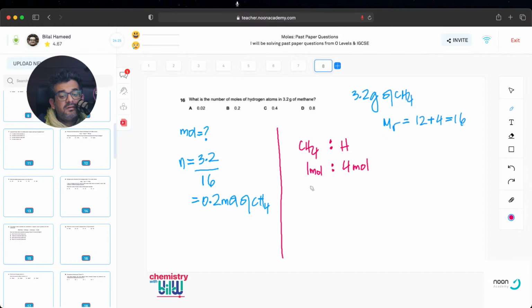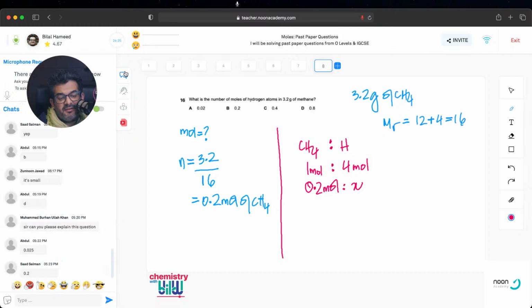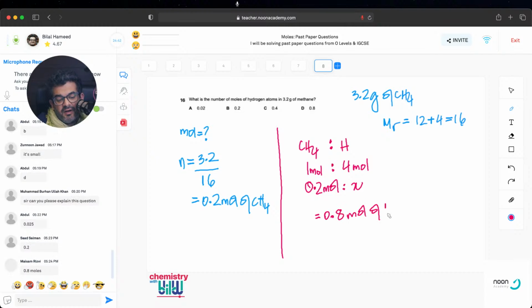Now 0.2 moles will have how many hydrogen atoms? That's what they're looking at. If one has 4, 0.2 will have how much? This will have 0.8 moles of hydrogen atoms. Exactly. That's why the answer is D.